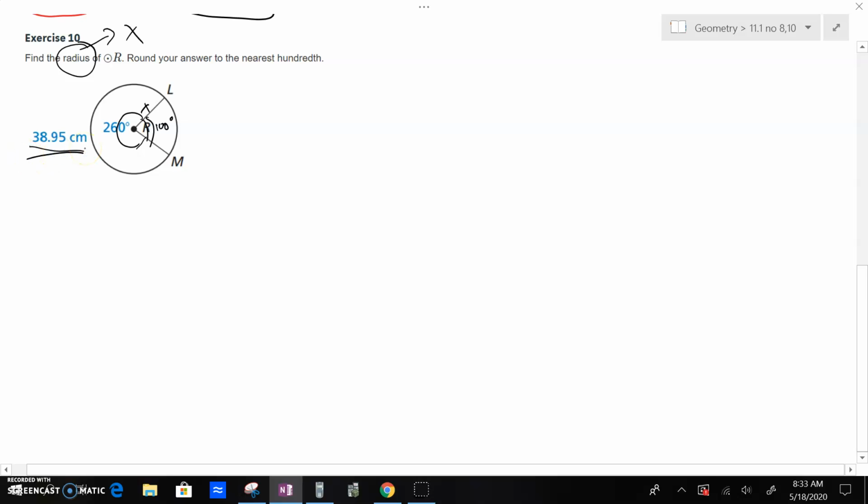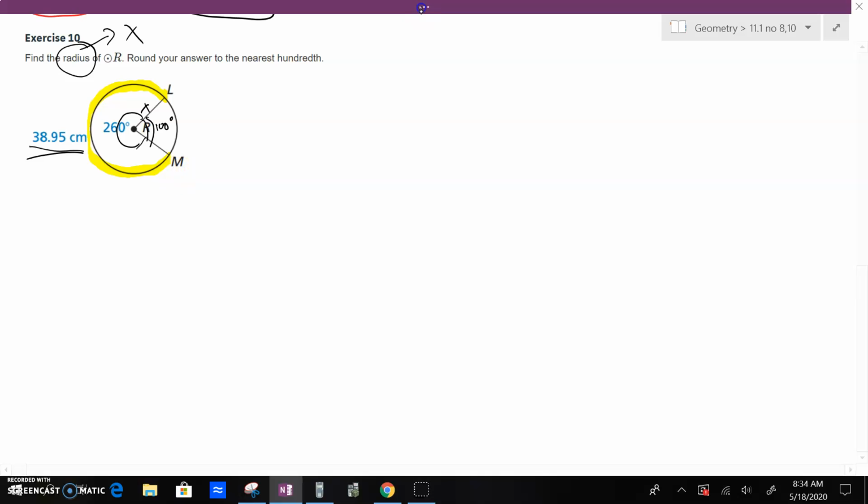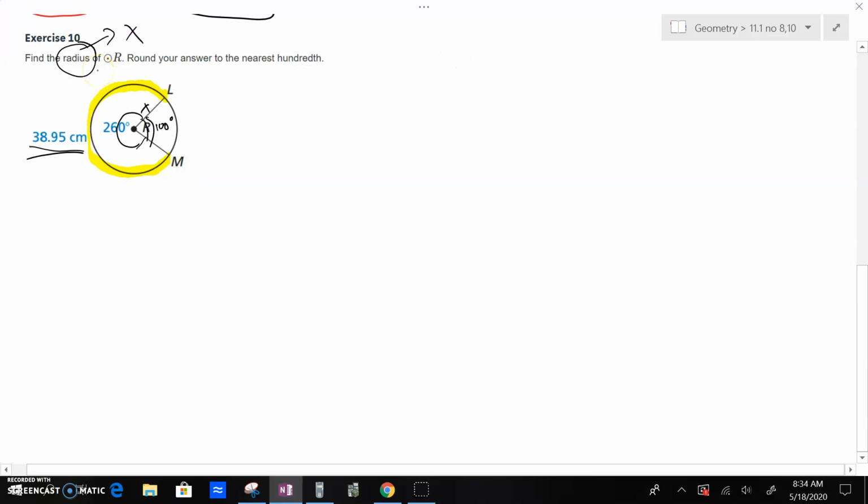I think we're going to have to assume that it's talking about this stretch right here, from L to M, that major arc. I'm not sure how else to interpret that because it shows up on the left side. They gave us that 260, which is the degree that goes with it. So I'm going to go with that being the case.